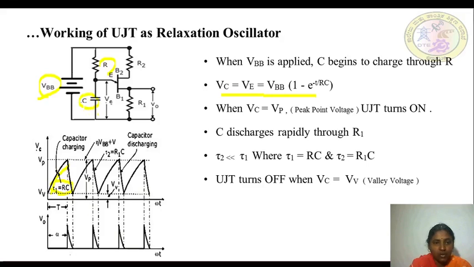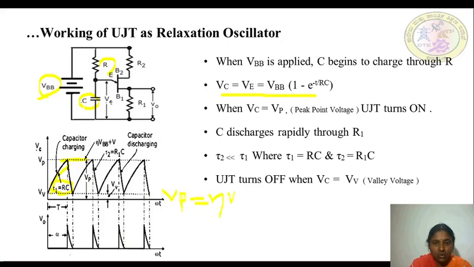When the emitter voltage VE, here it is VC, reaches the peak point voltage VP, then VP is equal to eta into VBB plus VD, as I have already told you.